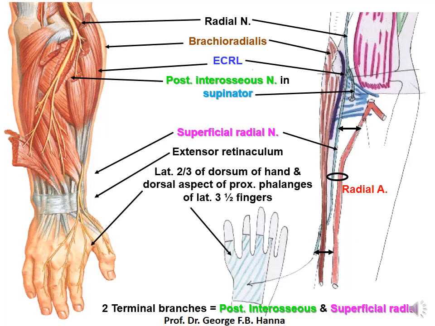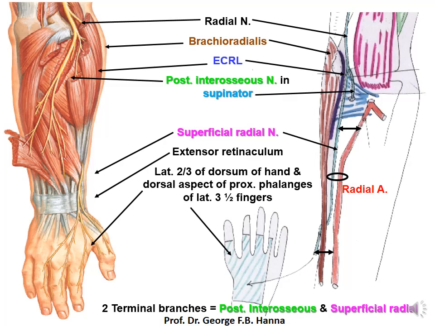Again, this is to compare the lower part of the radial nerve, which is superficial radial, on both diagrams. So let us see. Let us take one by one. As you can see here, radial nerve in front of the lateral epicondyle, dividing into two terminal branches.